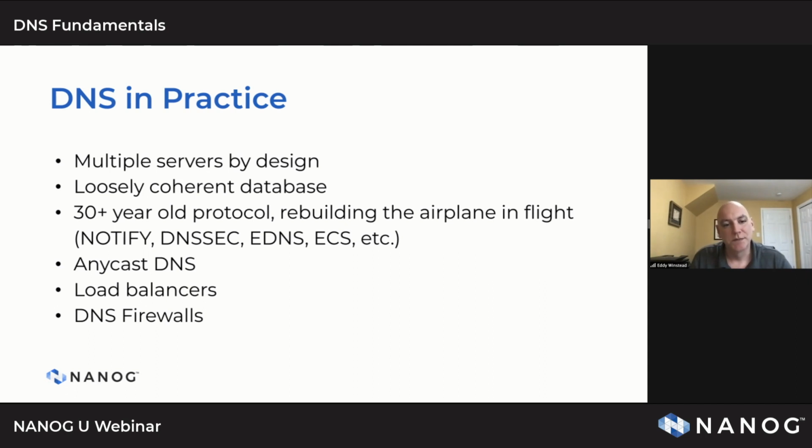DNS firewalls is interesting, right? So this is a mechanism by which, and I'll just put this term out there for you, RPZ, response policy zones. This is a way that you can do things, typically for the benefit of your client, right?